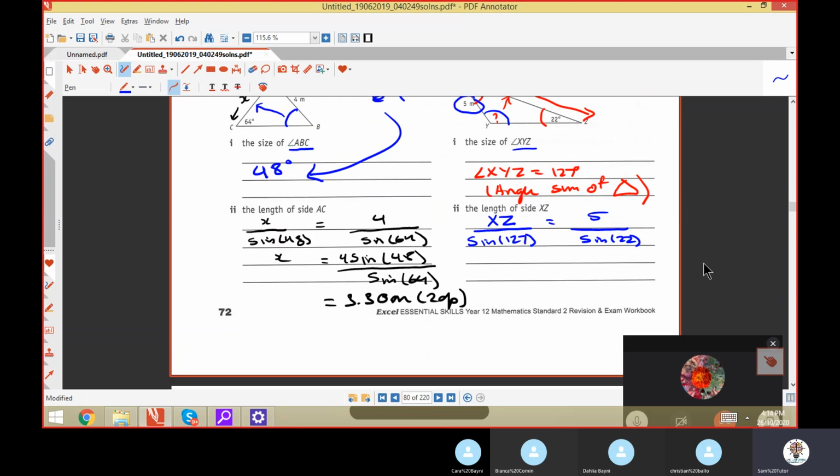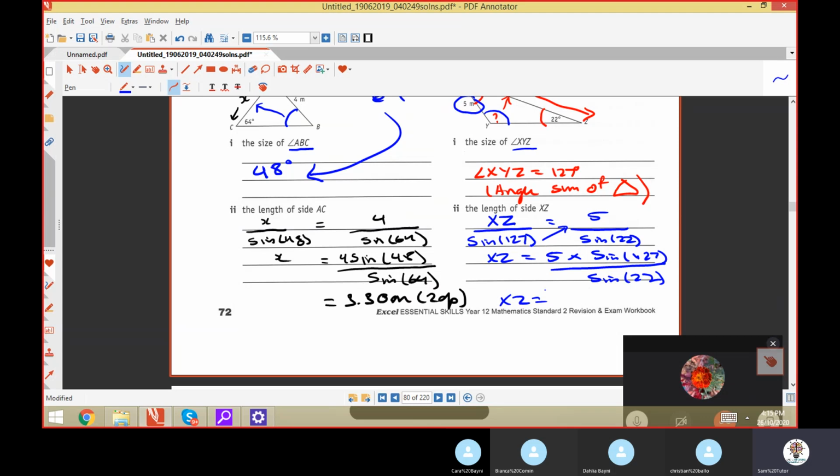And then we're back to square one. What do you have to do with sine 127? Well, sine 127 is dividing XZ, so we're going to multiply it up. Xz is equal to 5 times sine 127 all over sine 22. And there we have it. Just calculator work at that point. Any questions?